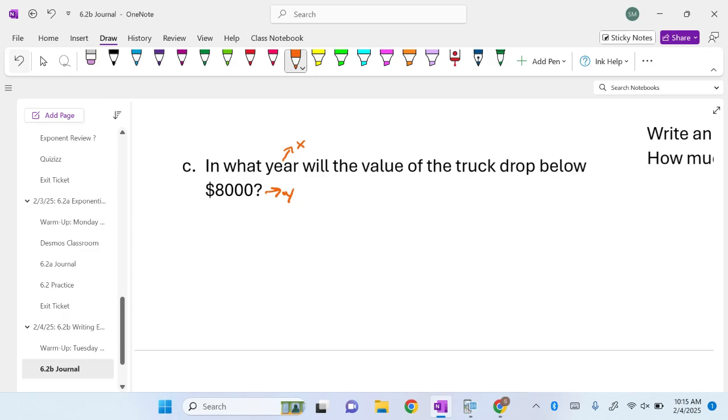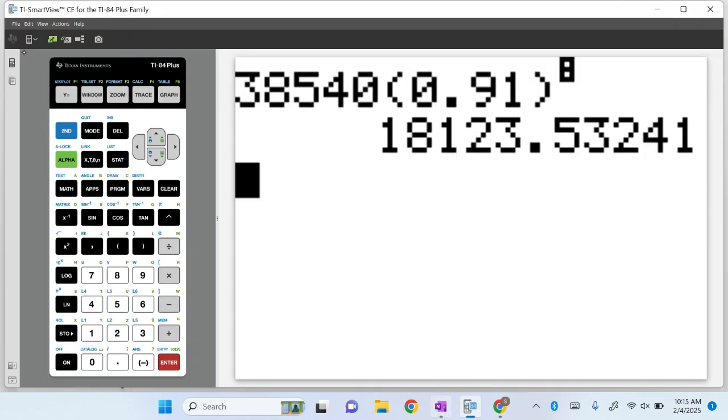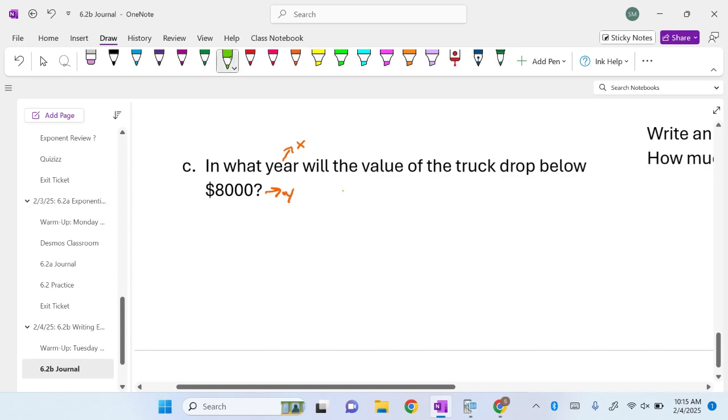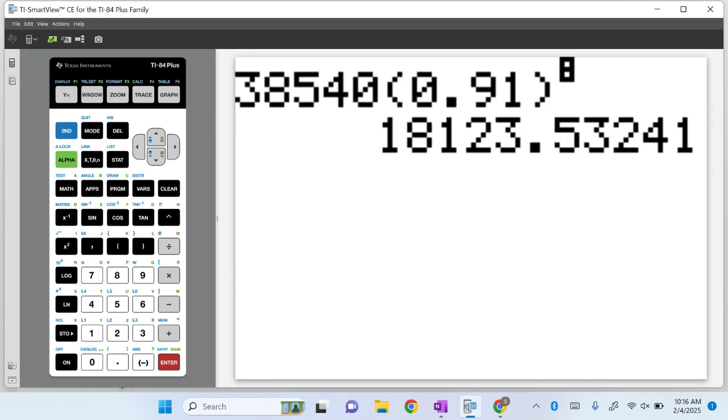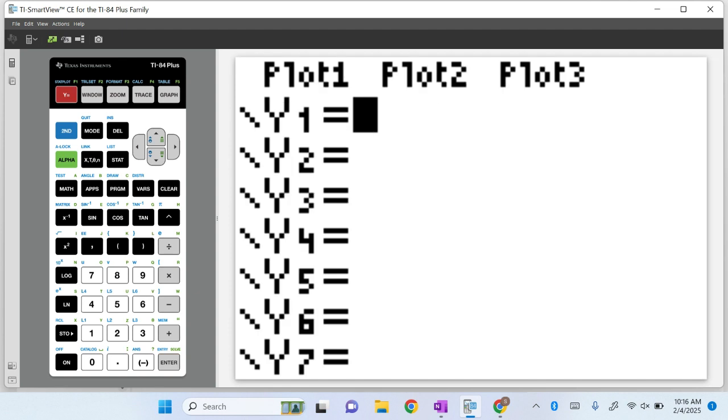All right. So essentially, we're going to look at the table in our calculator. To get that table, you're in your calculator, you're going to hit Y equals in the upper left hand corner.